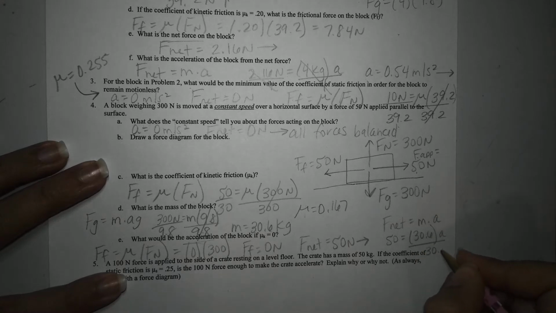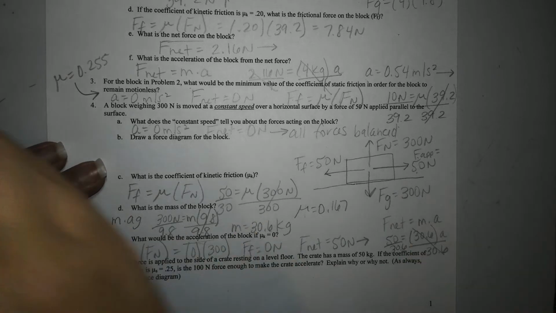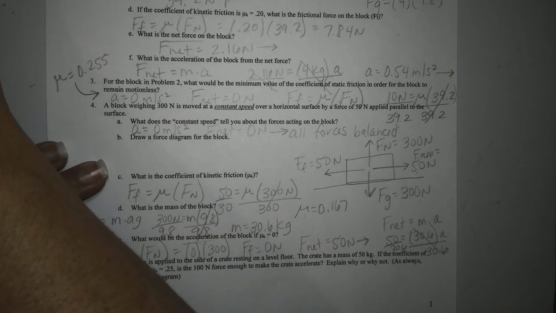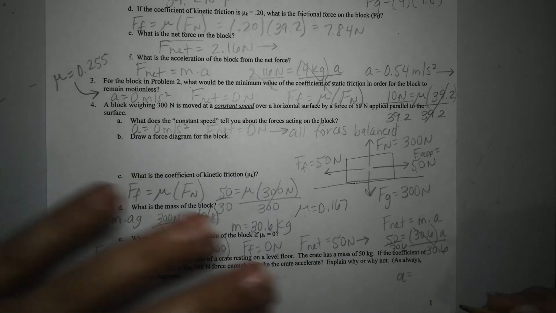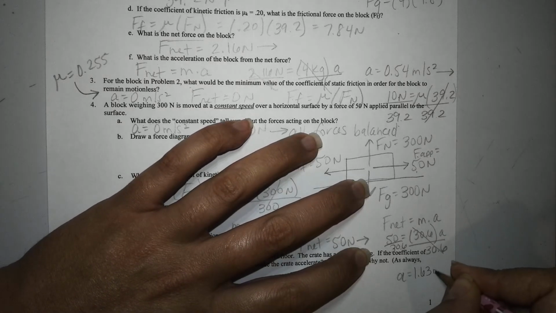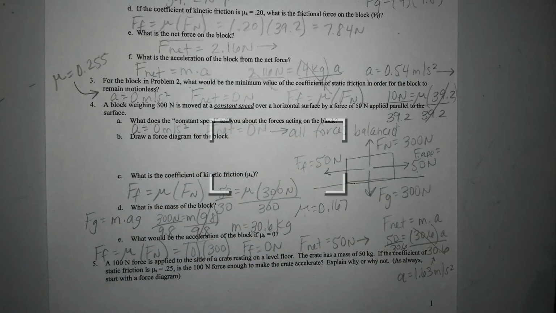I got to divide both sides by 30.6. All right, so 50 divided by 30.6, and I end up with an acceleration equal to 1.63 meters per second squared. Okay, that's my acceleration for part E.